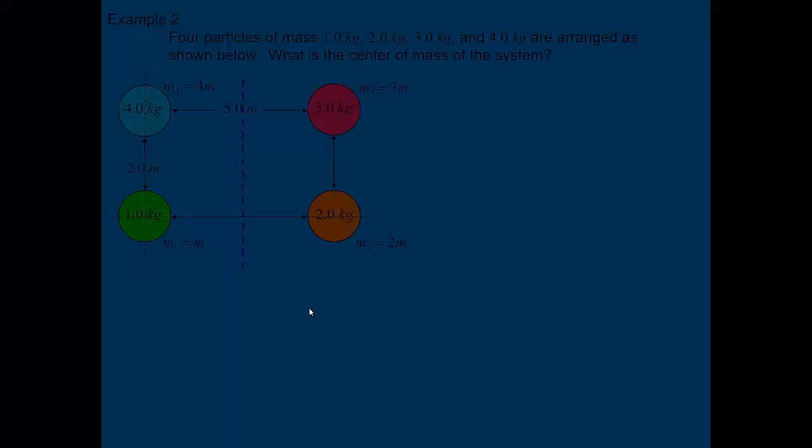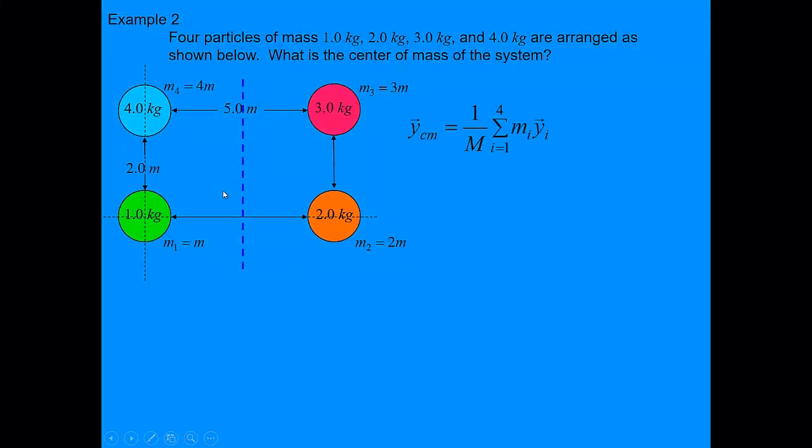Now, let's look vertically. Are there any lines of symmetry vertically? No, because there's 7 kilograms up here and only 3 kilograms down there. Now, before we even do the math, they're separated by 2 meters. Would you expect the center of mass vertically to be at 1 meter, at less than 1 meter, or at more than 1 meter?